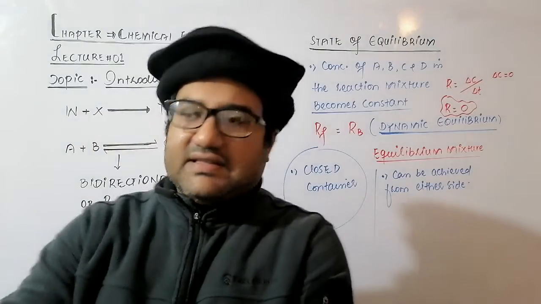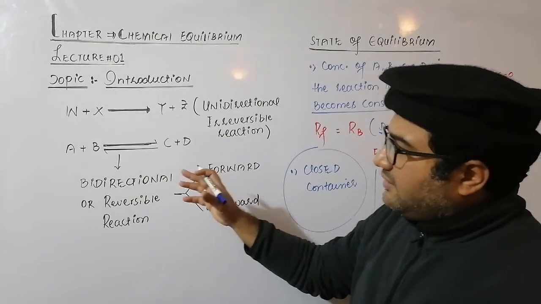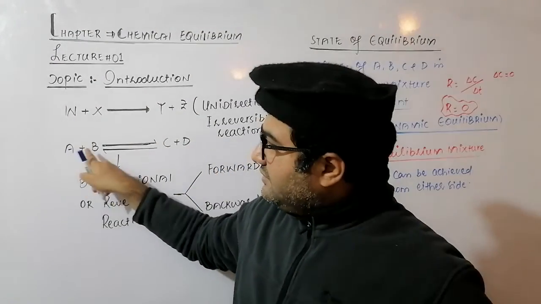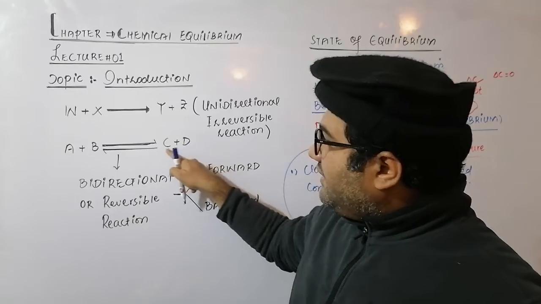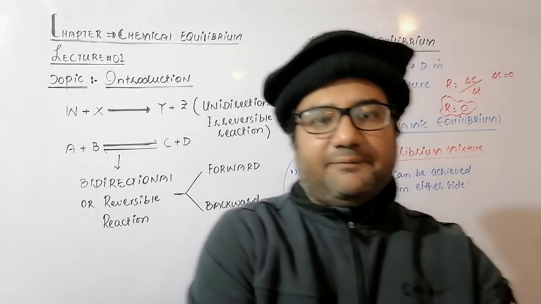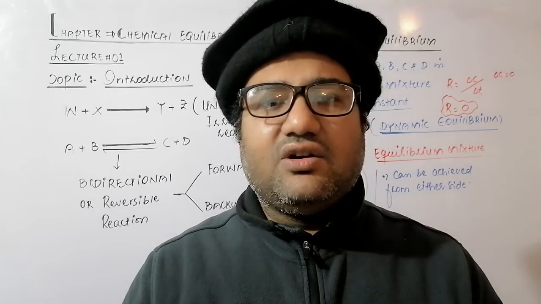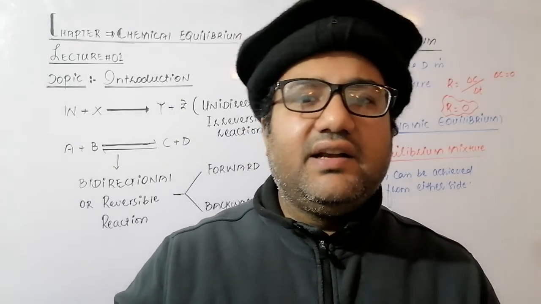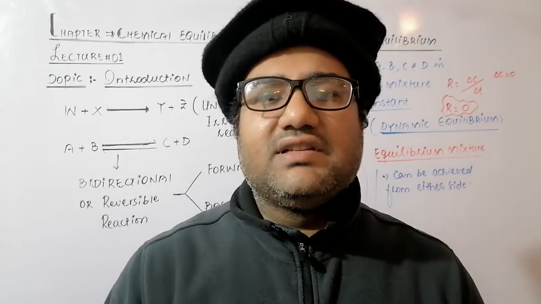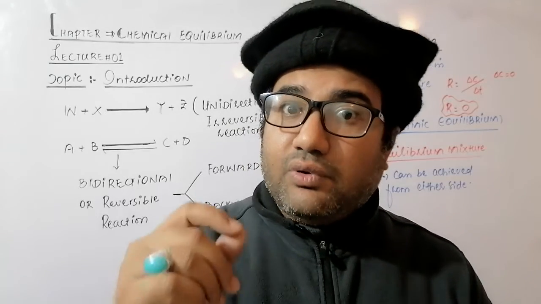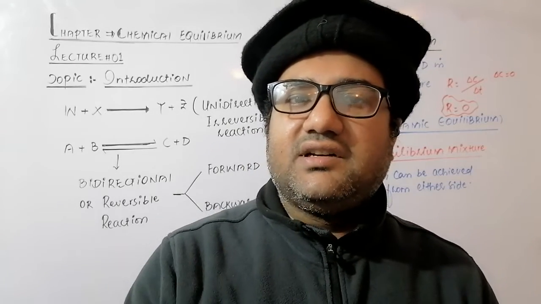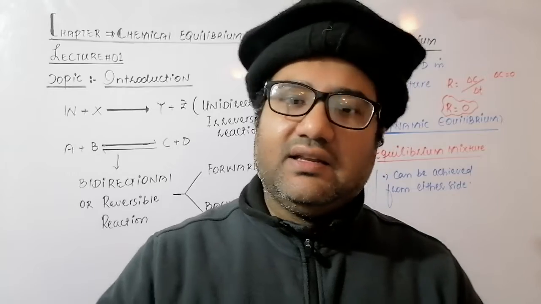It simply means that you can achieve this dynamic equilibrium either by starting the reaction from A and B, or starting the reaction from C and D. So if you start the reaction taking A and B as reactants, or if you start the reaction taking C and D as reactants, in both cases the equilibrium will be achieved, and in both cases the equilibrium concentrations of A, B, C and D will be equal.